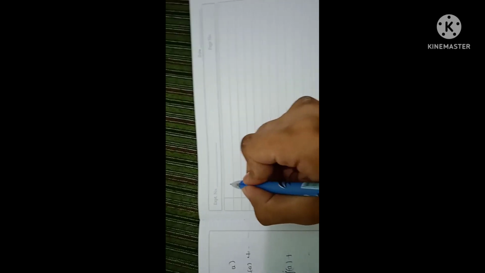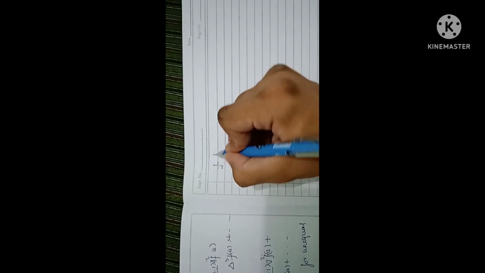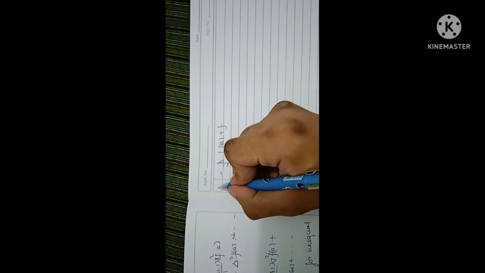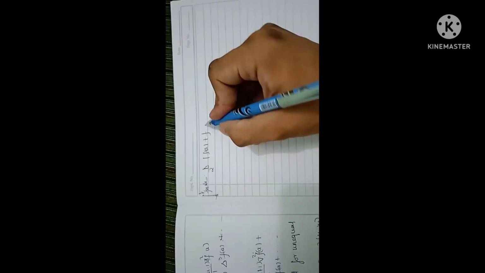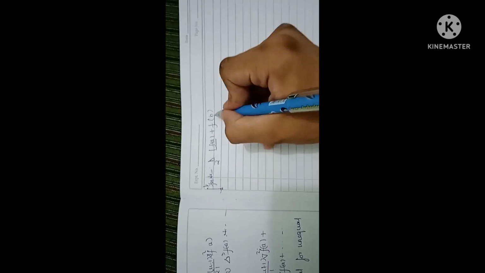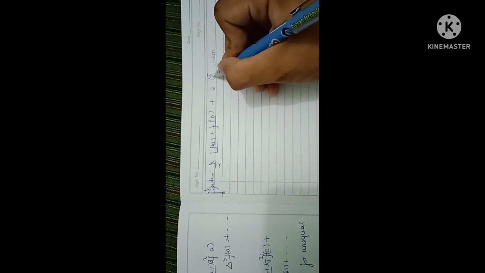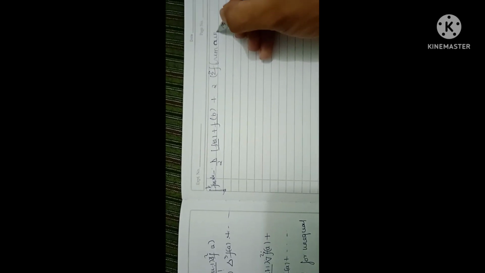And now we will see numerical integration. For the trapezoidal rule, the integral from a to b of f(x) dx is equal to h/2 [f(a) + f(b)], first term and last term, plus 2 into the sum of the remaining terms.